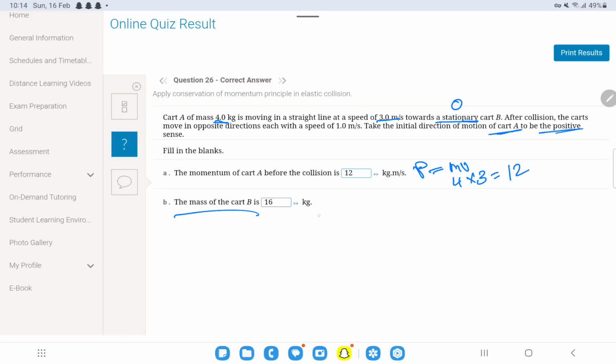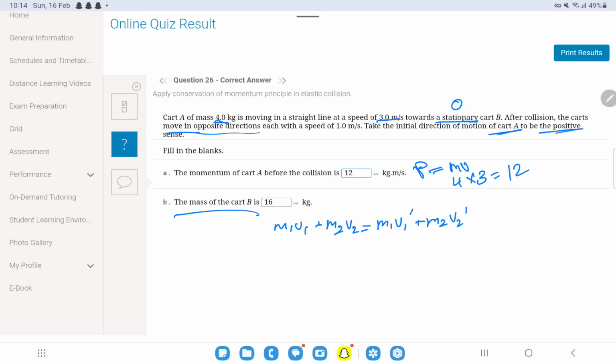And the mass of cart B, we want the mass: m1 v1 plus m2 v2 equals m1 v1 prime plus m2 v2 prime, because here they move in opposite directions after the collision.